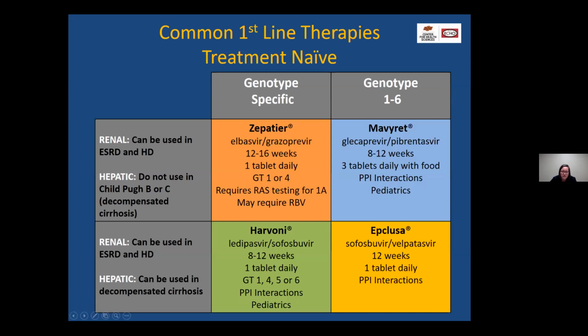It's also approved in pediatrics, so genotype 1 pediatric patients who are at least 12 years old or 35 kilograms in weight can take Harvoni if they have a hepatitis C infection. If we move to the top right blue box, Mavyret, now it's pangenotypic, right? So all genotypes 1 through 6, and it's mostly an 8-week treatment regimen for all treatment naive patients.